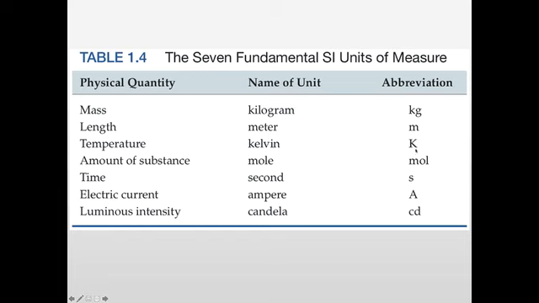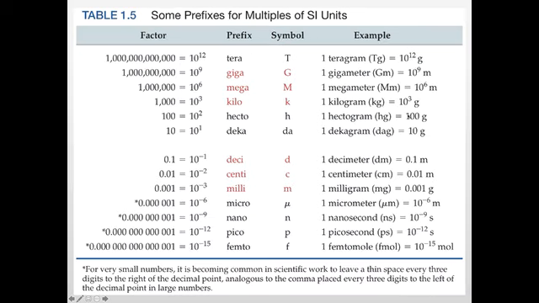And then within those units, there are different prefixes that are going to be used in order to make those units bigger or smaller. For example, mass, the standard unit is the kilogram. But there are many other units that are based on mass.